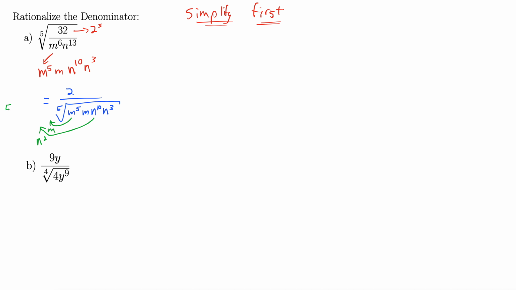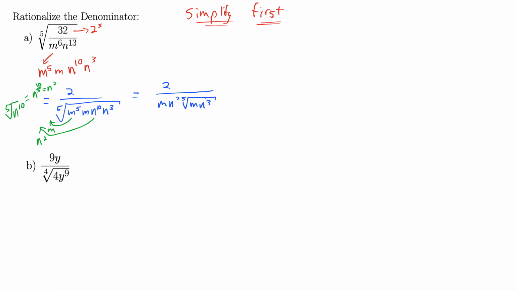The fifth root of n to the 10th is simply n to the 10 over 5, which is n squared. So we have 2 over m n squared, with the fifth root of m n cubed left behind inside the radical.